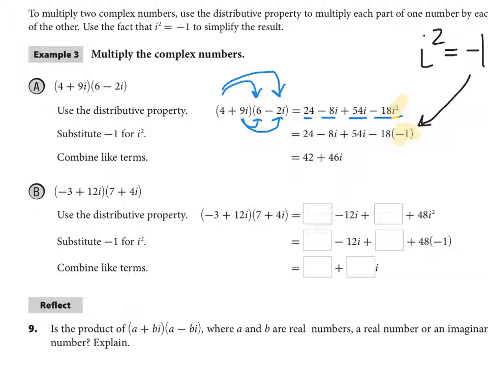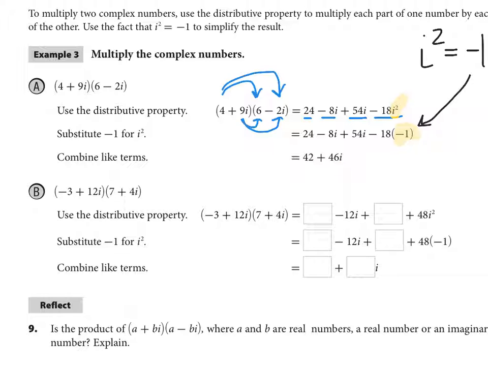And then at that point, you're just back to adding, and you're simply adding like terms. So we have a 24 and a negative 18 times a negative 1. So that gives me a positive 18. So 18 plus 24 is 42. And then you add the two like terms in the middle, which gives you a 46i.